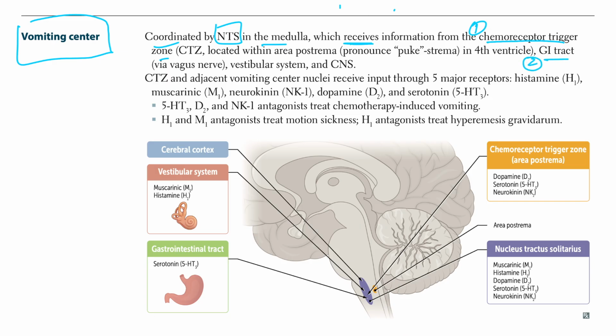The second is the GI tract through the vagus nerve, which is CN10. Third, it receives information from the vestibular system. And 4th, it receives information from the central nervous system.